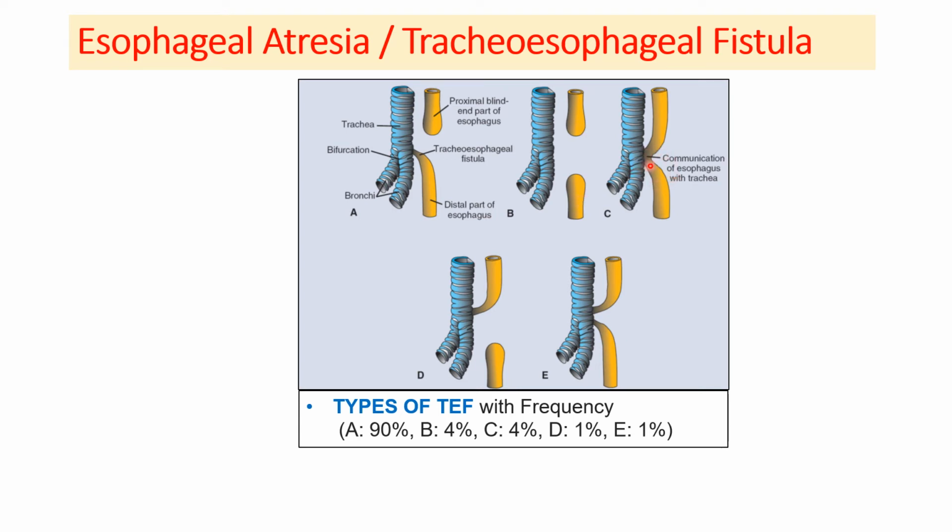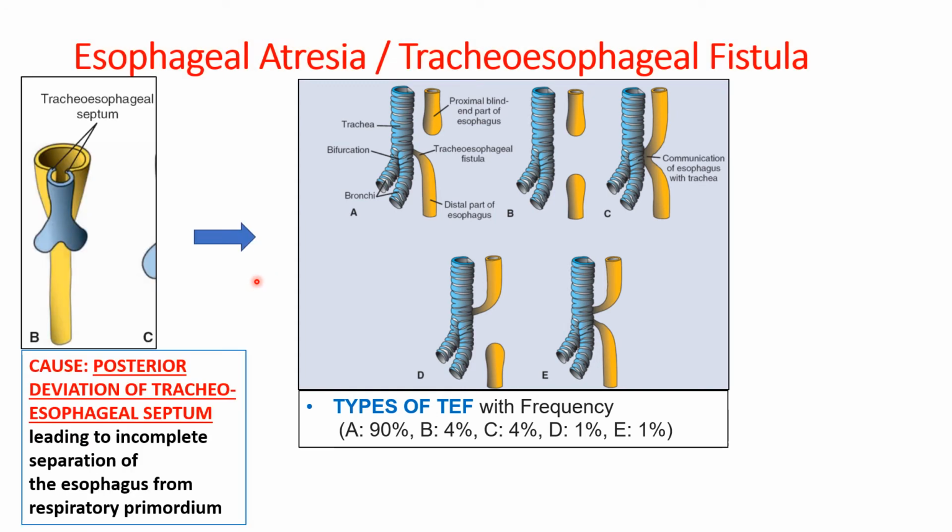The third type, also 4%, has a communication of the esophagus with the trachea, followed by 1% of cases in which the proximal part of the esophagus is in communication with the trachea and the distal part is a blind end. And the last type, also 1%, is when both the proximal and distal ends of the esophagus are in communication with the trachea.